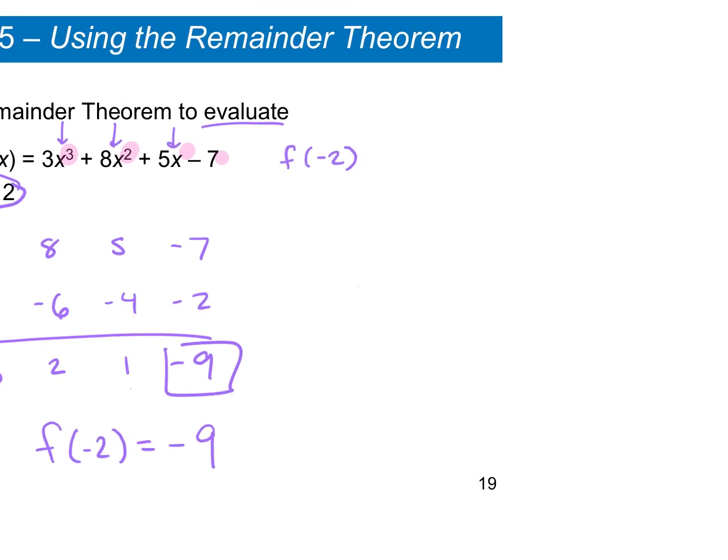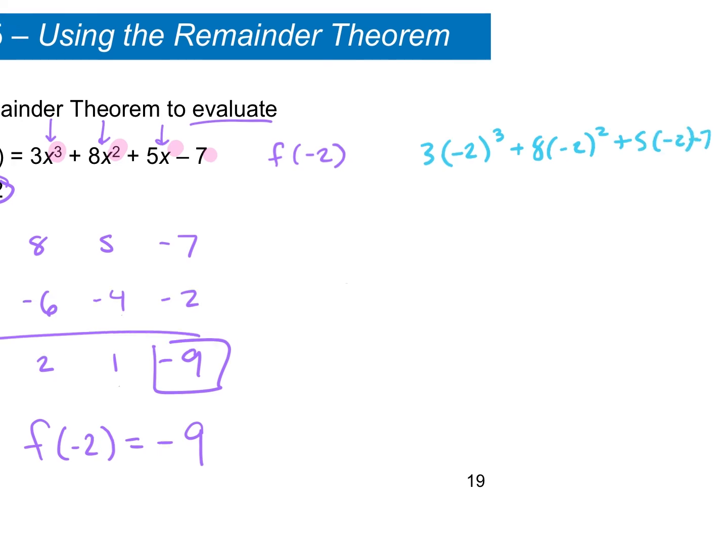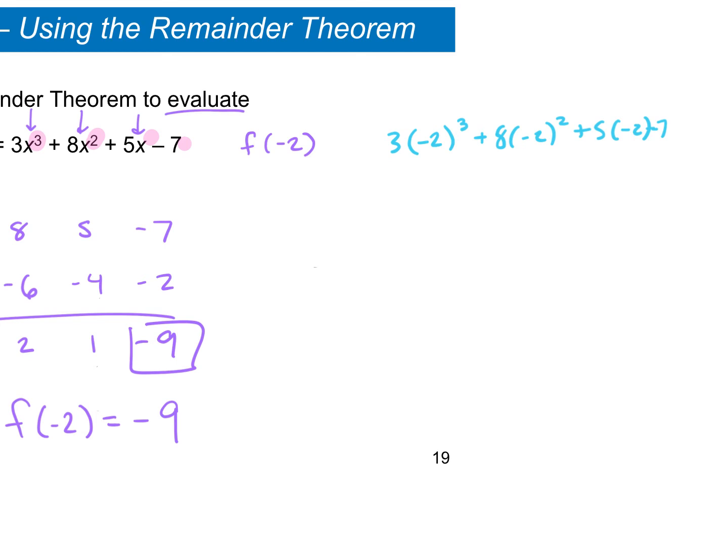If I were to just plug in negative 2 here, I have 3 times negative 2 cubed plus 8 times negative 2 squared plus 5 times negative 2 minus 7. If I evaluate this, I'm going to get negative 9. What's negative 2 cubed? Negative 8 times 3? Negative 24. And then negative 2 squared is 4. 4 times 8? 32.